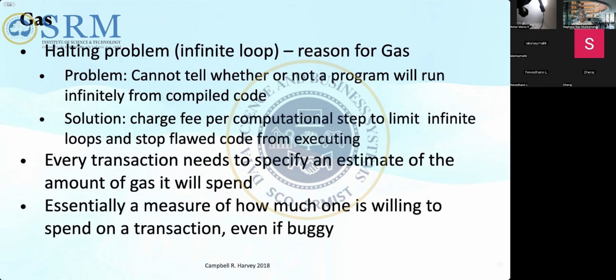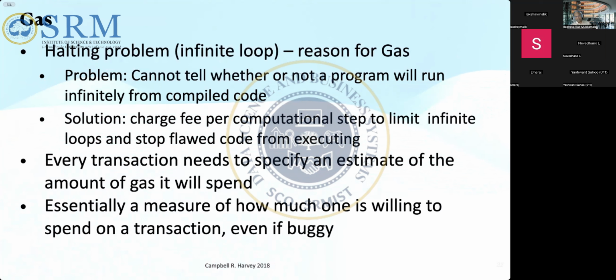So let's look into gas. Unlike the transaction fees and the block rewards in Bitcoin, we use gas in Ethereum, right? There are a few purposes for using gas in Ethereum.